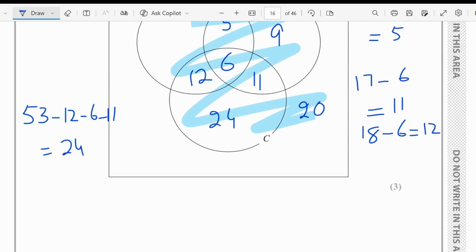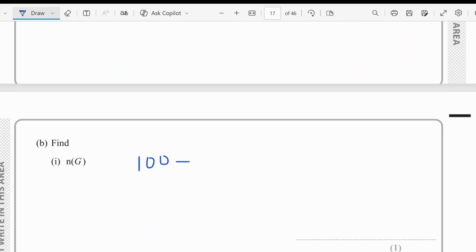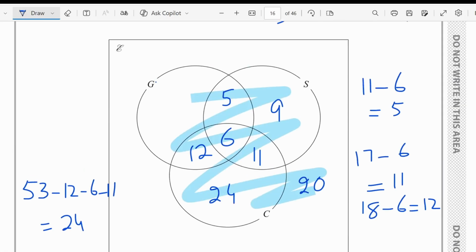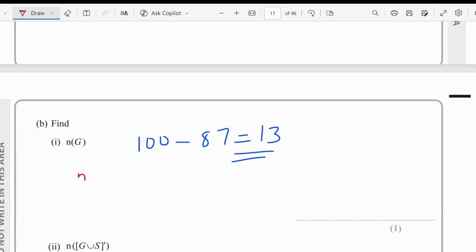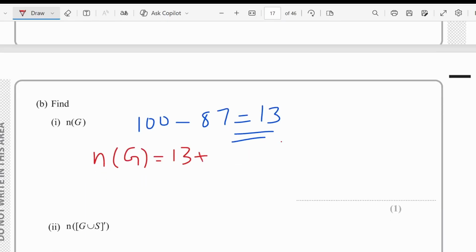So I'm going to subtract this from 100. It would be 13, but it's not the number of goats. This 13 is outside. Here the number of goats are 13 plus 5 plus 6 plus 12. So the number of goats, we have 13 plus 5 plus 6 plus 12, that would be equal to 36.